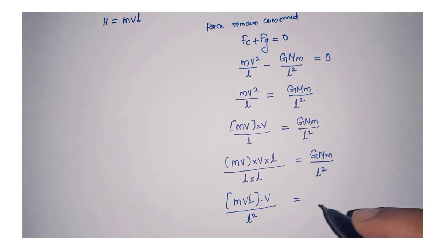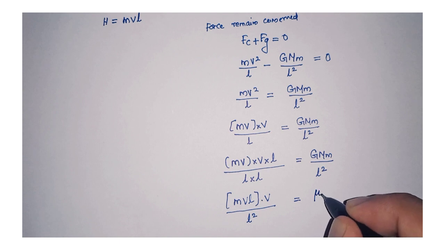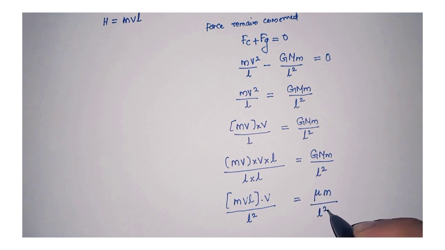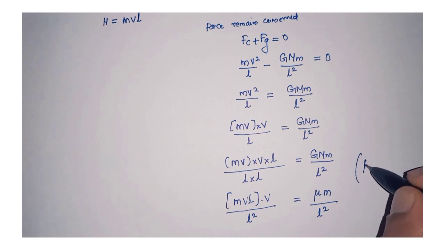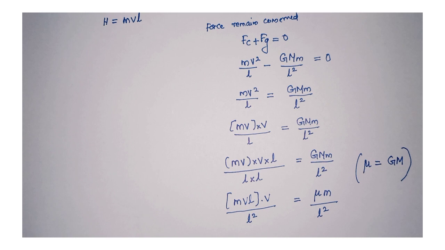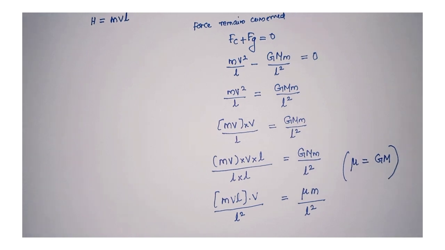I can write G M simply as mu into M divided by L square, because mu is called the gravitational parameter, given by G times M, which is a mathematical quantity for different planets or different big celestial objects.